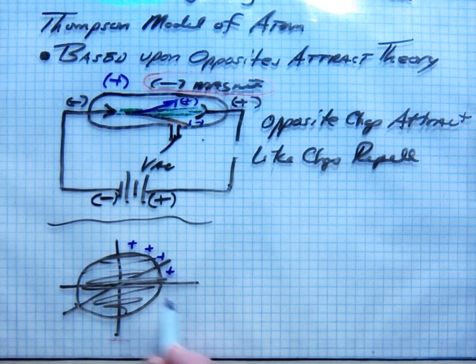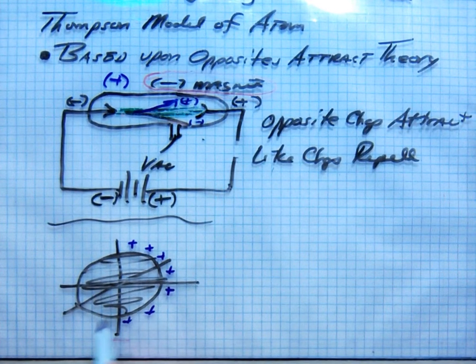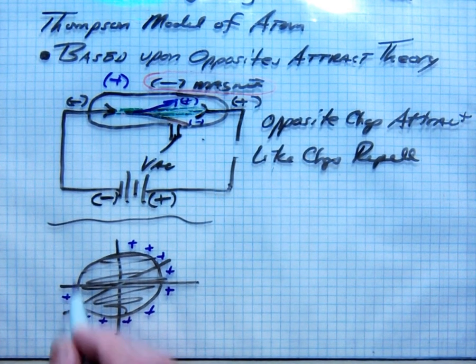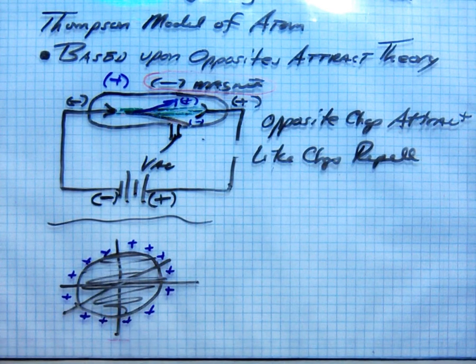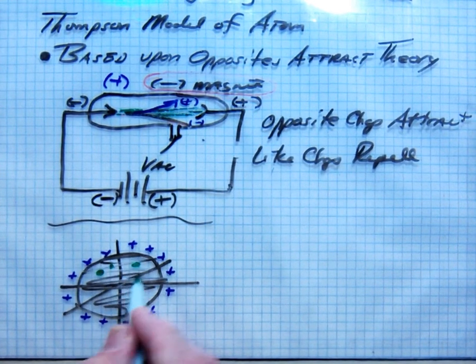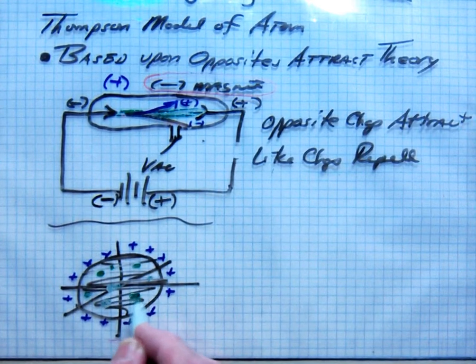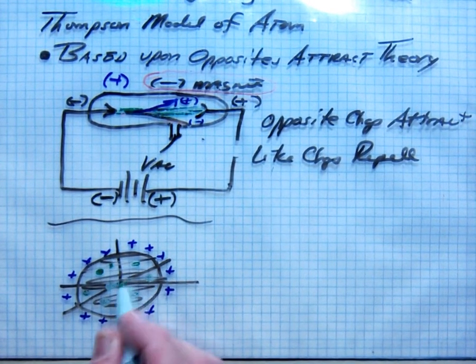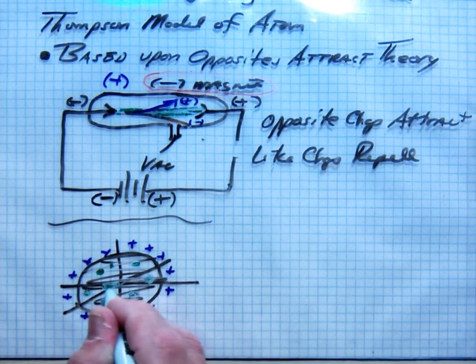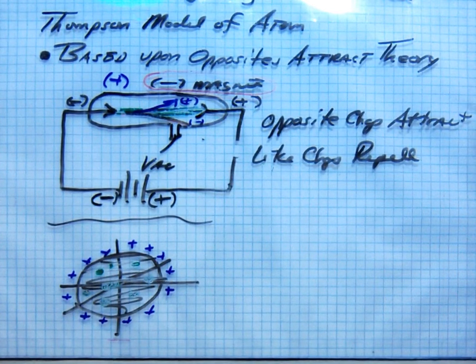So the overall charge throughout the atom was in general positive, and electrons were distributed evenly, like raisins suspended in a gelatin-type pudding. There were no definitions of, well, I'm kind of losing my greens, but you get the idea. The electrons were suspended like raisins in a gelatin pudding.